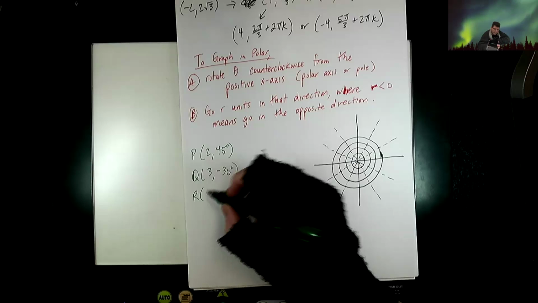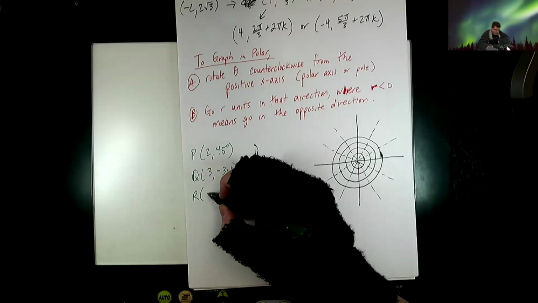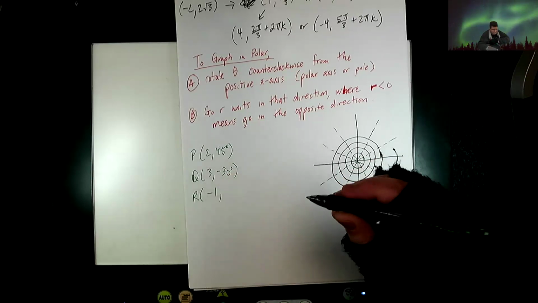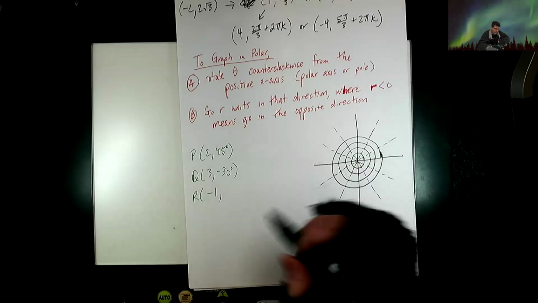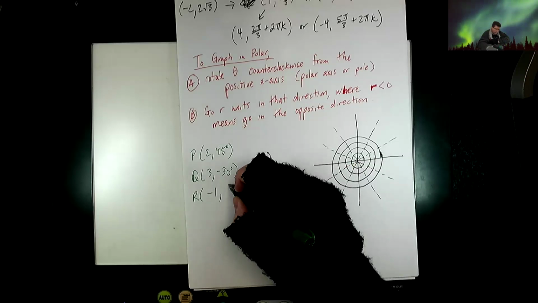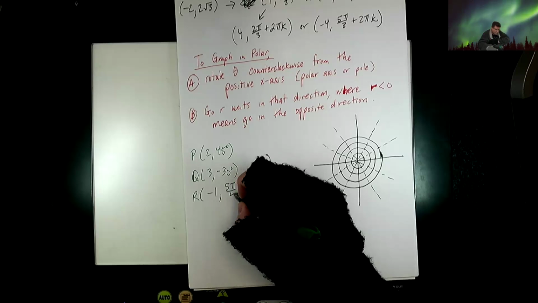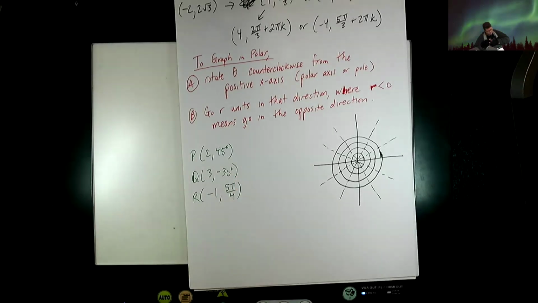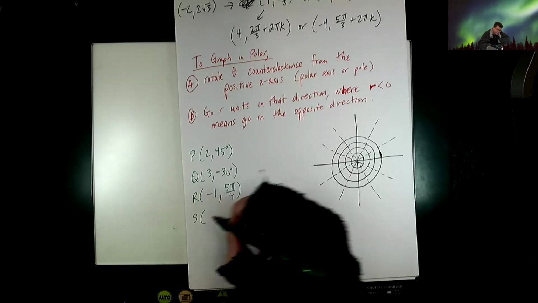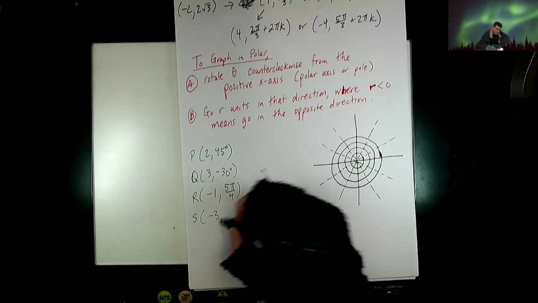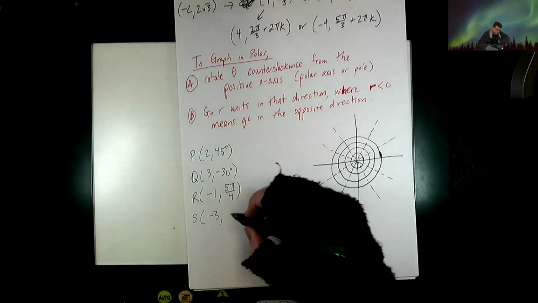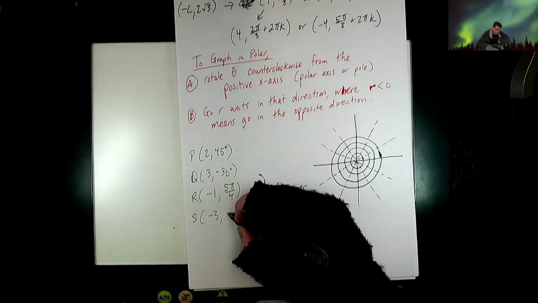R is (-1, 5 pi over 4). And we'll do S is at (-3, negative pi over 3).